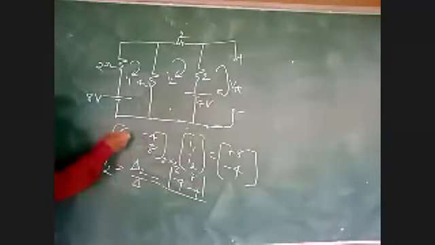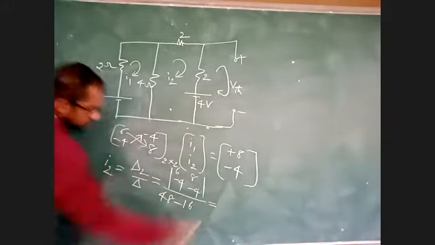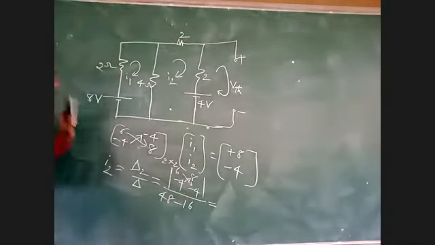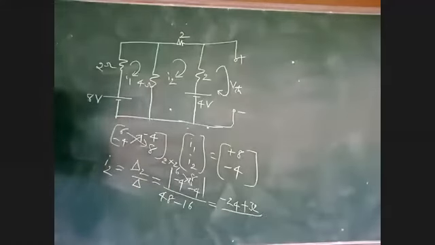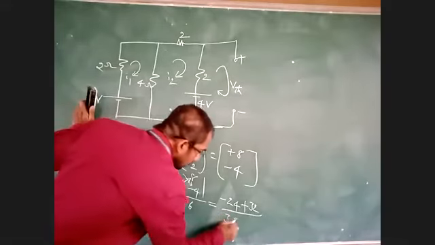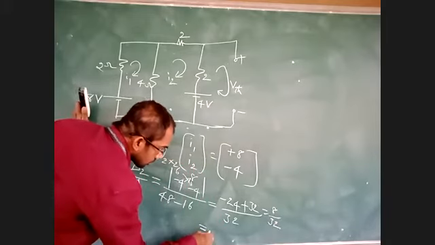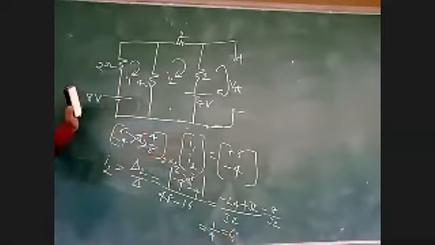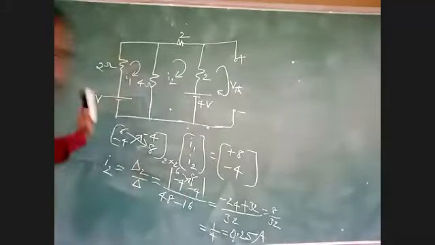Divide by the determinant of this matrix. Zero point 25. 0.25 ampere.